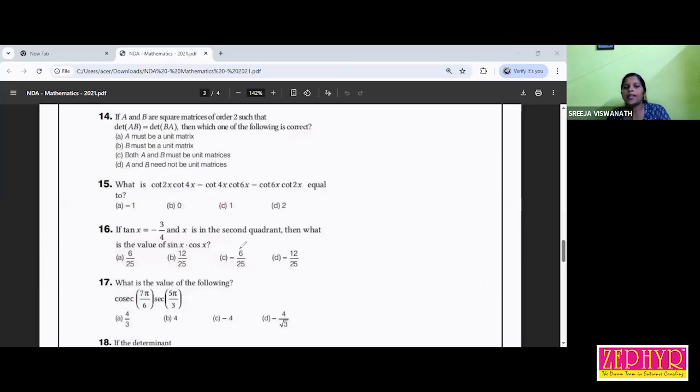Tan x equals minus 3 by 4, x is in the second quadrant. What is the value of sin x into cos x? Very simple. Tan x is 3 by 4, so opposite side 3, adjacent side 4 and hypotenuse 5. In the second quadrant only sin and cosec are positive.